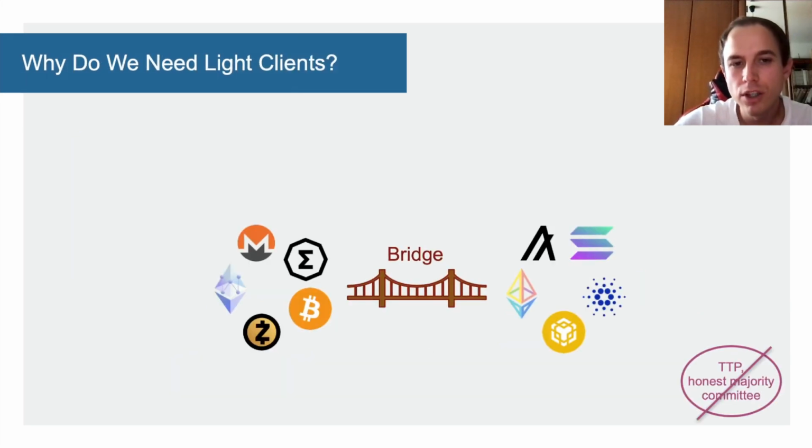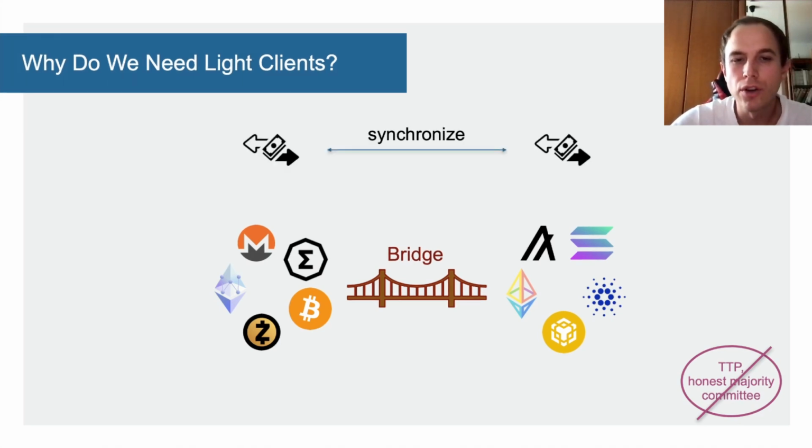And then with this, we can actually build bridges. And a bridge is essentially connecting two blockchains without using a trusted third party, right? We want to build it in a trustless way and also without an honest majority committee. What we want to achieve is essentially to synchronize two transactions.